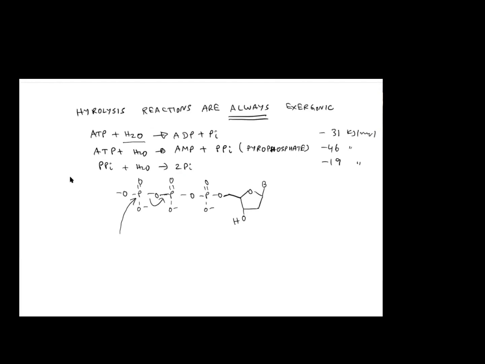And when you make the AMP, so this is the AMP. To make AMP, we had to attack here, right? And we're talking about water. So water is the one that is attacking. Simple SN2 reactions, okay? That's how we make the AMP and ADP.